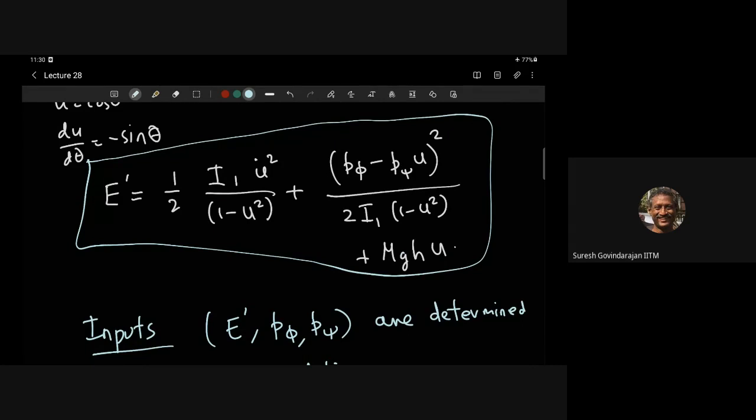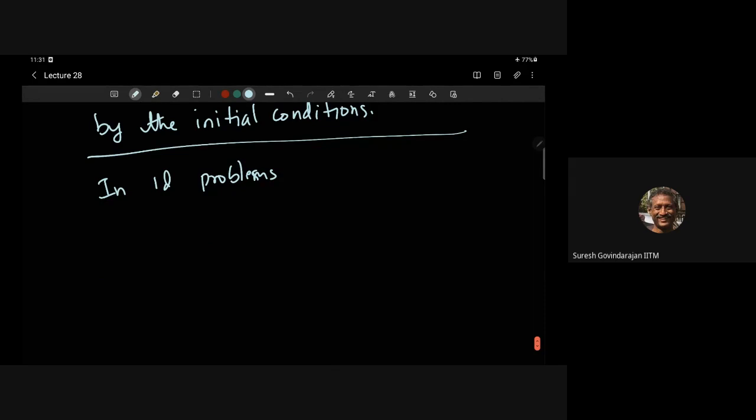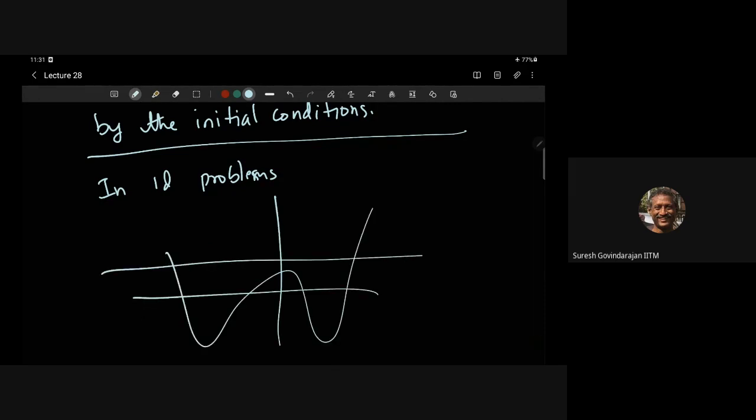Remember how did we solve these things? In 1D problems we would plot, we'd pick a value of E prime, and to give a particular value of E we would draw this and then look for turning points, and solve the problem by getting all these turning points, etc.